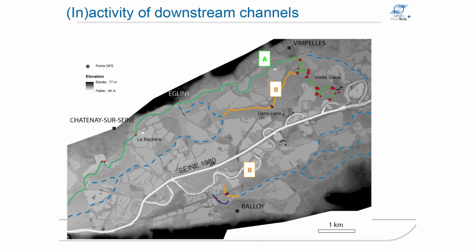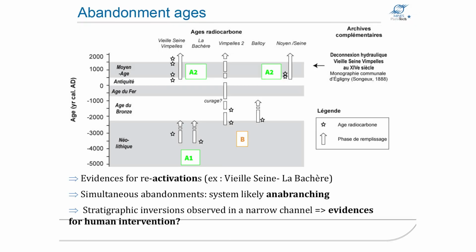And if we compare radiocarbon dating, here you have the ages, and I just put stars on the ages found within the channel for these different systems. So we have evidence for reactivation, that's what I showed you in the Nampel area. The interesting part is that in the Bassée, the area that connects with the Euzen, a similar age has been recorded, and the Auxence is still active, so it looks like it's behaving in the same way.